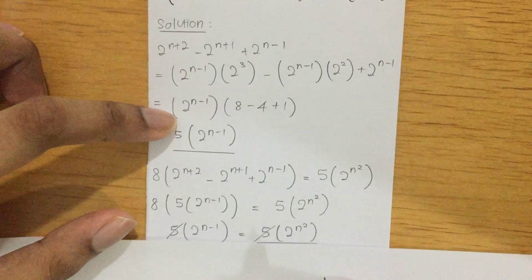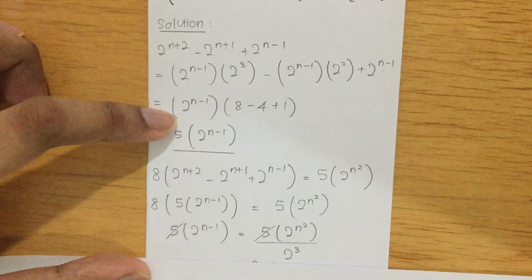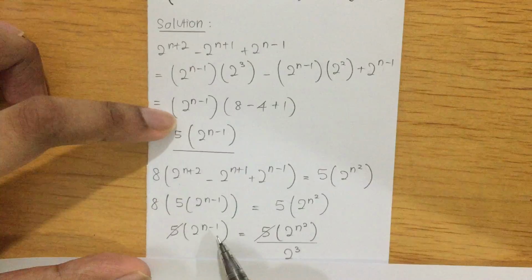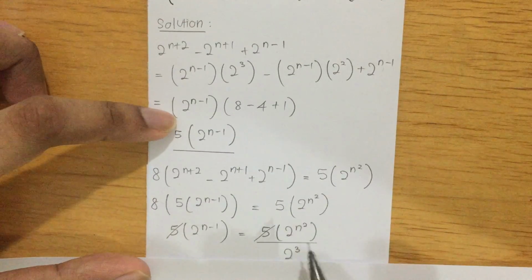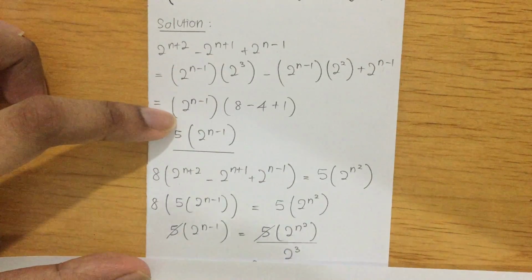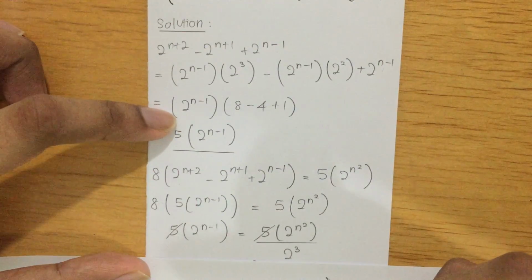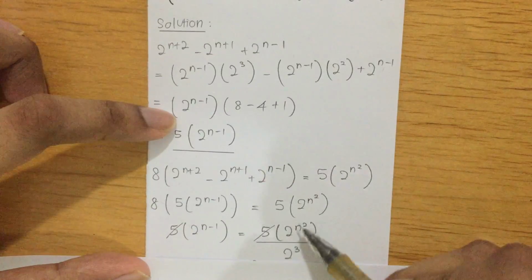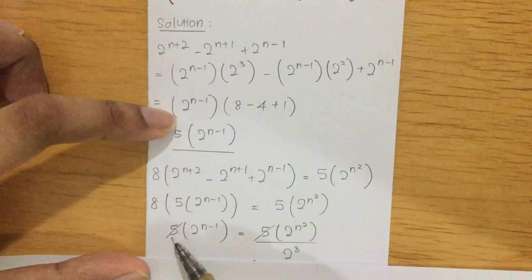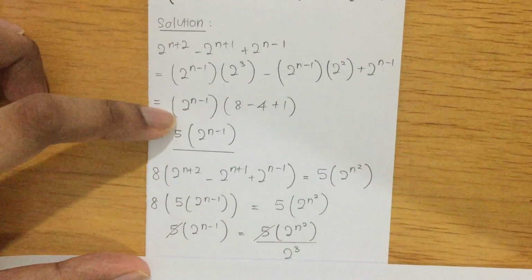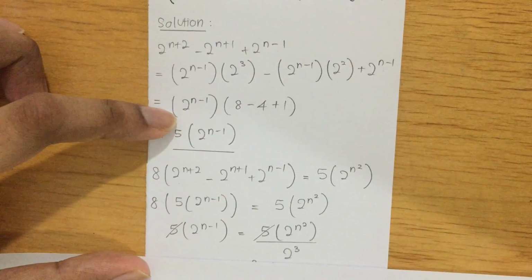Proceed to the next step, guys. So this is the step I've mentioned. 5(2^(n−1)) equals 5(2^(n²)) divided by 2^3. Since 2 and 2 are the same base and it involves division, we can minus the powers respectively, and the 5 we can easily cancel out.